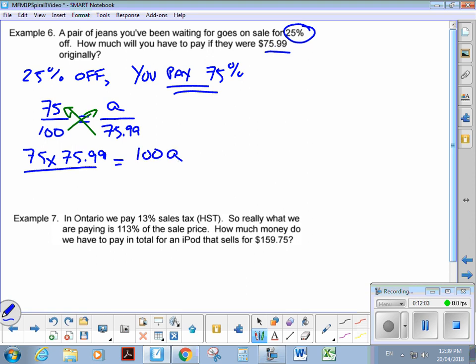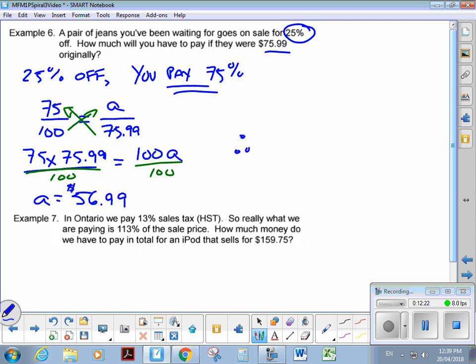I was getting ahead of myself. Divided by 100. And this tells me my final answer: 56.99. All right, that is 75% of the cost.